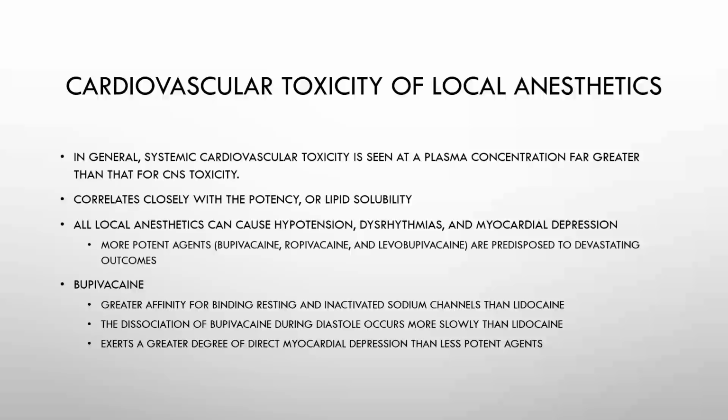But although all local anesthetics can cause hypotension, dysrhythmias, and myocardial depression, the more potent agents like bupivacaine and ropivacaine are predisposed to the worst outcomes, like fatal cardiovascular collapse. Among the potent long-acting agents, ropivacaine probably has a safer cardiovascular toxicity profile than bupivacaine. Interestingly, the propyl side chain of ropivacaine is thought to be the reason it is less cardiodepressive than the larger butyl side chain of bupivacaine.